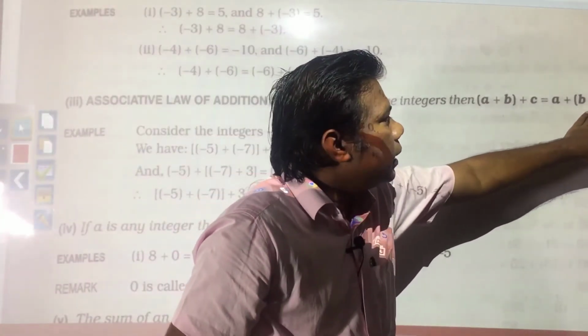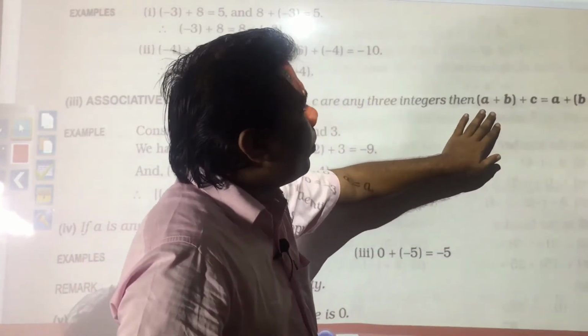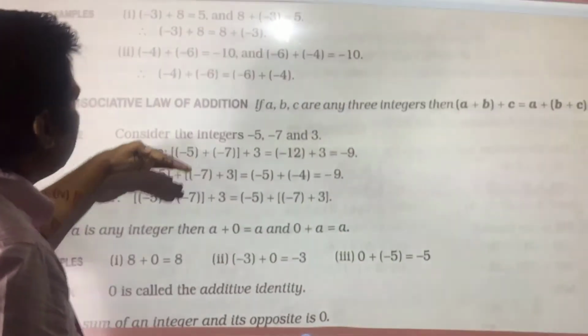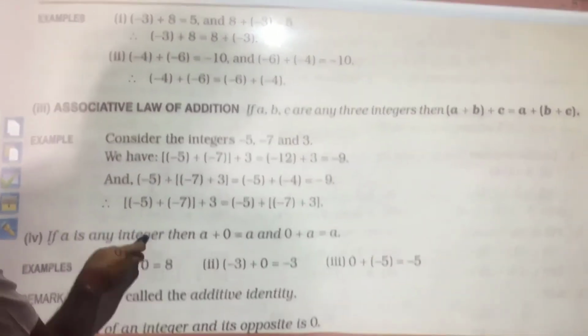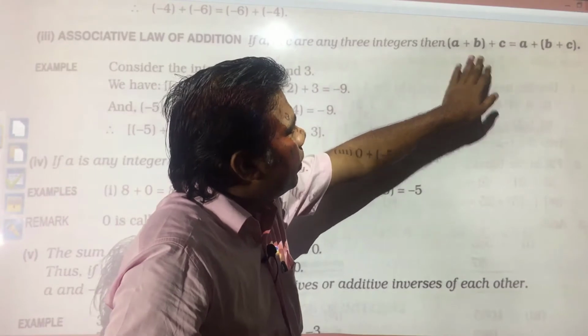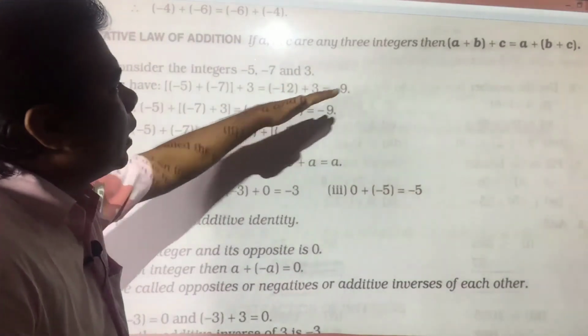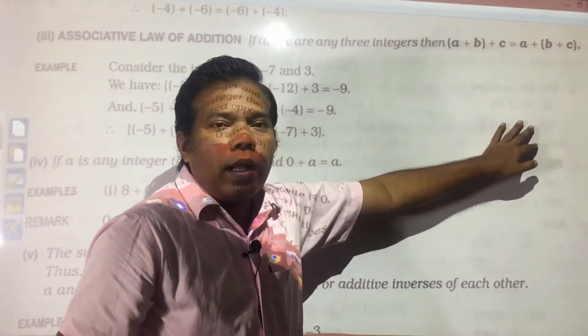So this associative property is true for addition of integers also. Just put any values in place of a, b and c, and find out, you will get LHS equal to RHS.